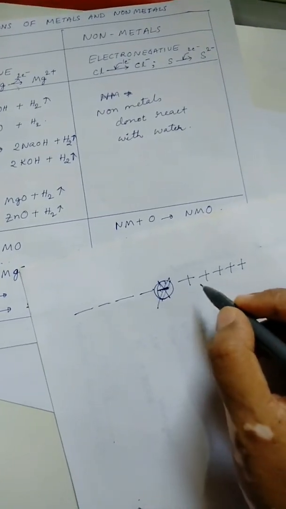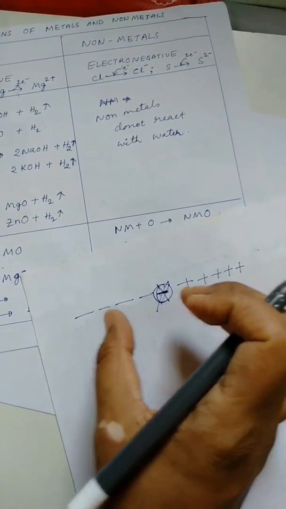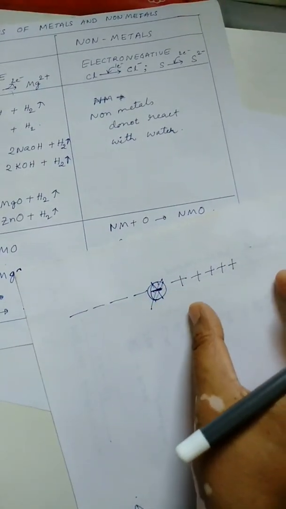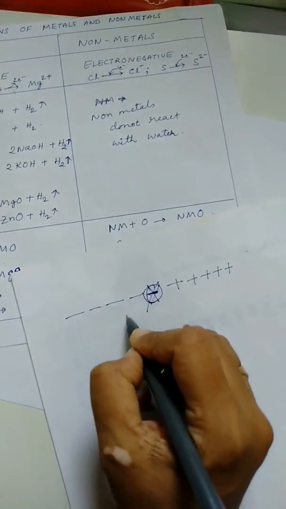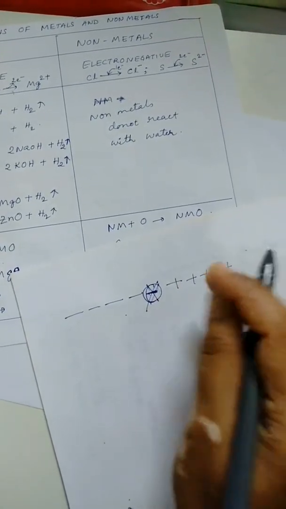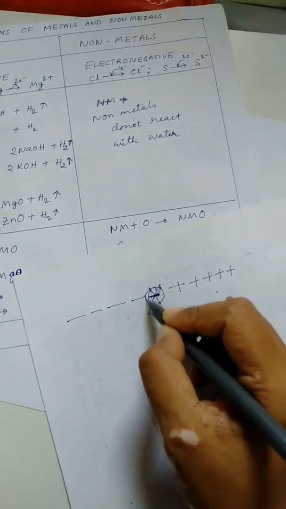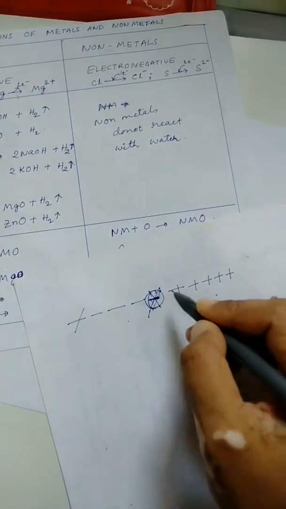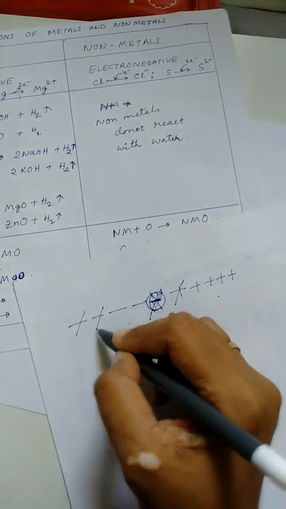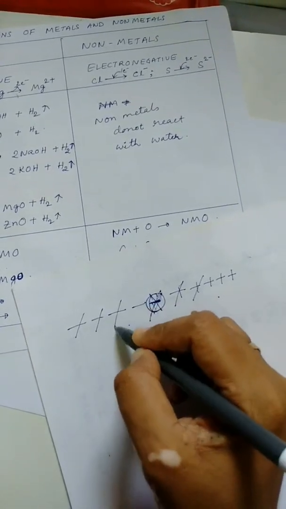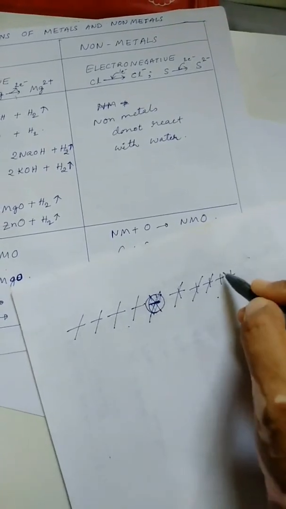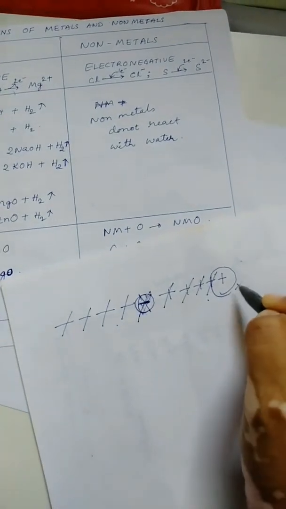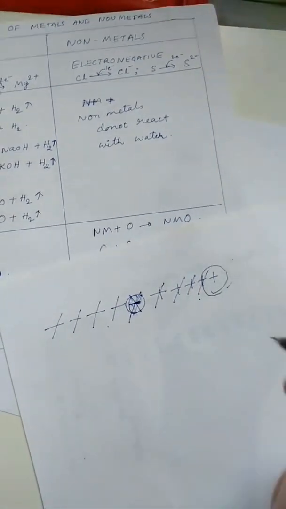For this you should know that in an atom there are equal numbers of electrons and protons. So 5 electrons and 5 protons. From this, if one electron is lost, let us see the net charge now present. So let us cancel 1 negative, 1 positive. In a similar manner, 1 negative, 1 positive, and you can see that 1 positive charge is left over. That is the net charge now present on the atom.